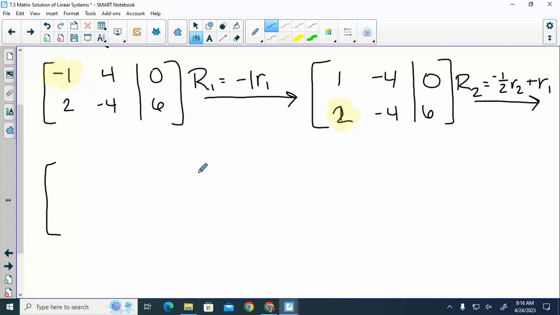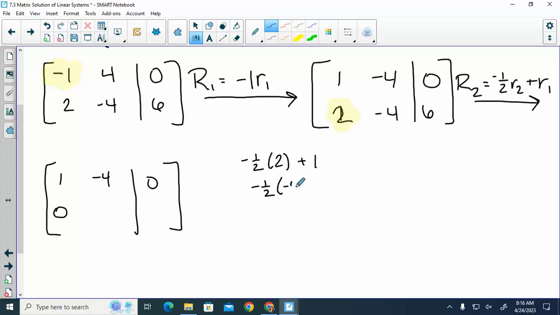Okay. So you guys are saying we are leaving the first row alone. To get the number in the second row, you're doing negative 1/2 times the number in this row plus the number in row 1. So negative 1/2 times 2 is negative 1, plus 1 is 0. Okay, same thing all the way through.